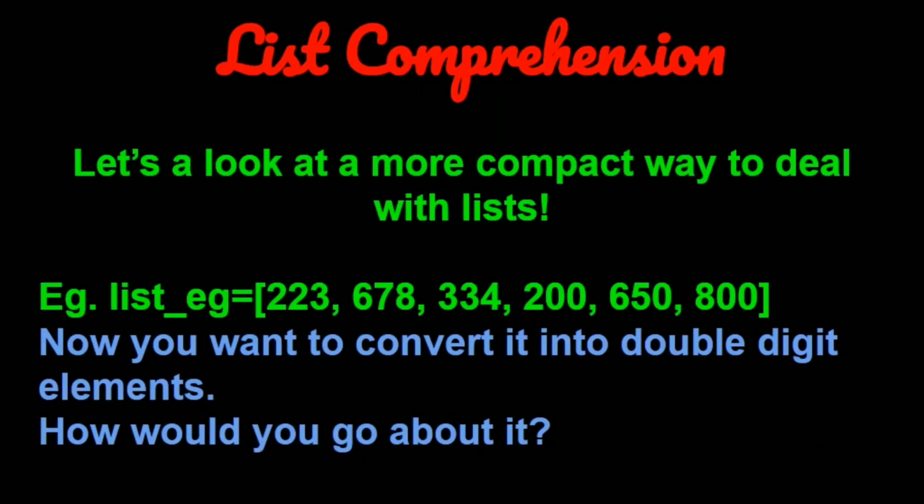All right. So now that we're done with lists in the last lecture, a very elaborate list lecture, let's have a look at what list comprehension has to tell us. Now what list comprehension means is, we have a simple list, right? Now we want to maybe iterate through it or perform some action. So instead of giving a 3 or 4 line long code, how about we change it into a single line?